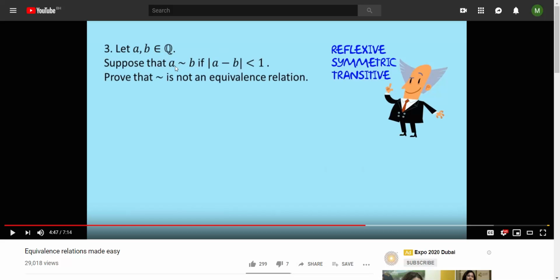Anyway, suppose that A is related to B if the absolute value of A minus B is less than 1. So let's start with A minus A. The absolute value of A minus A is 0. It's not less than negative 1, so it's not reflexive, hence it's not an equivalence relation.